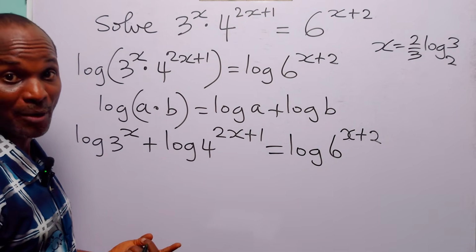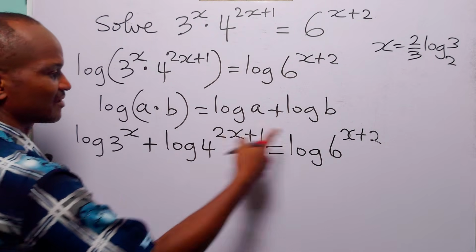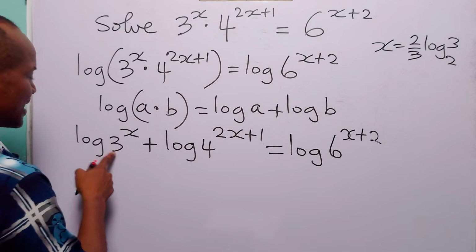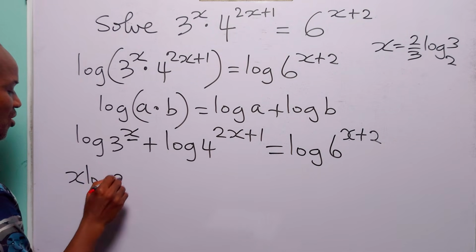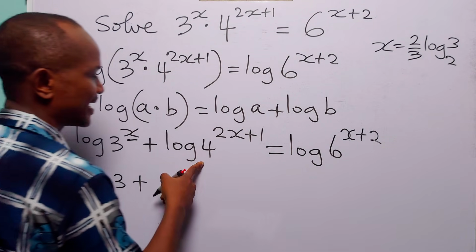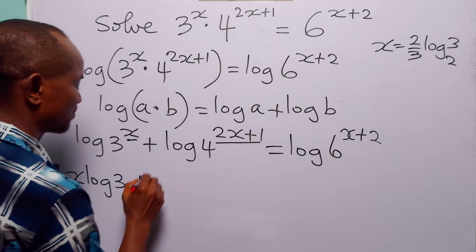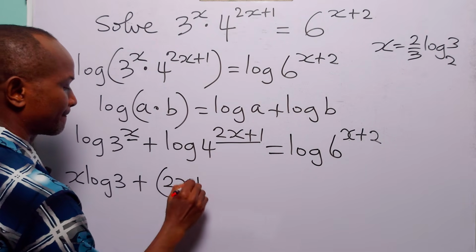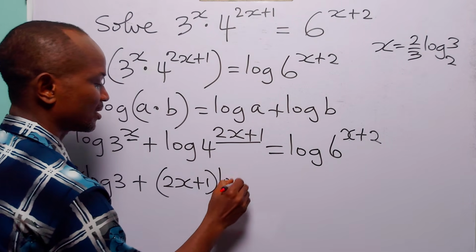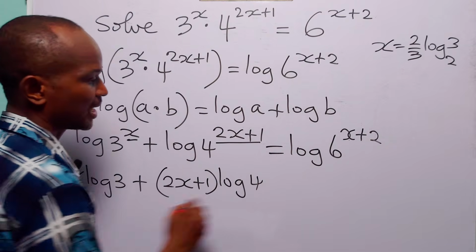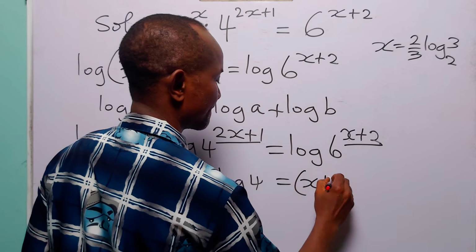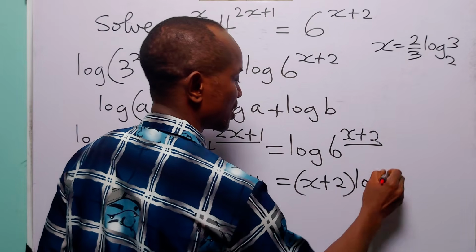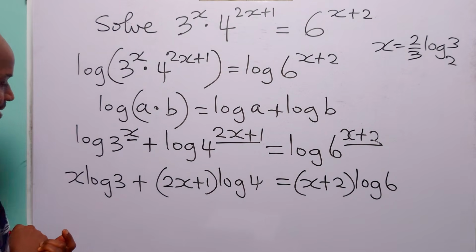Now let us apply the power rule of logarithms to these three terms. Here we have x times log 3. Here we have 2x plus 1 times log 4. And of course, this is equal to x plus 2 times log 6.